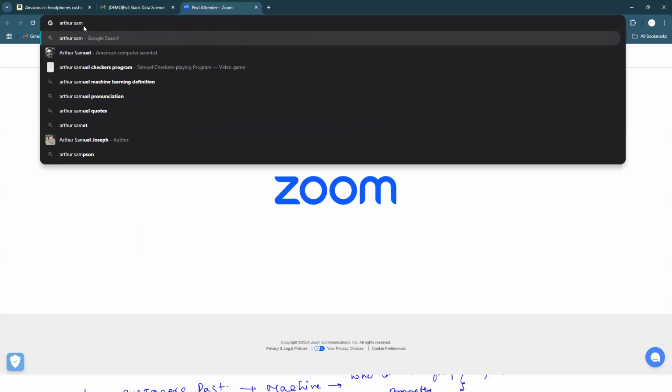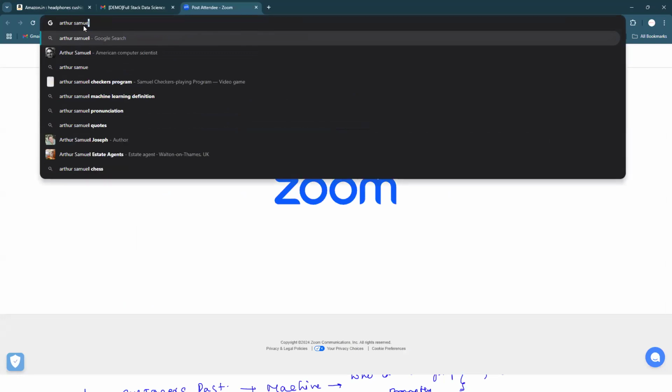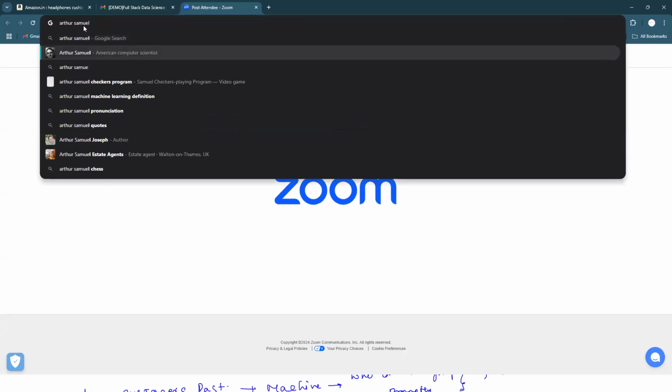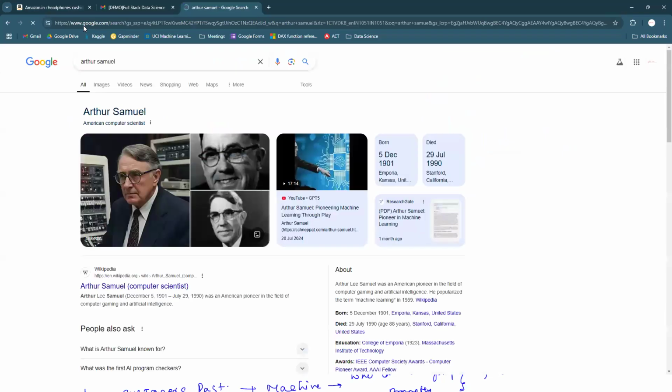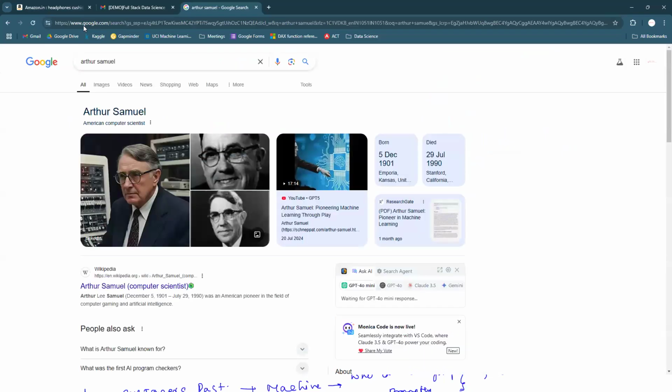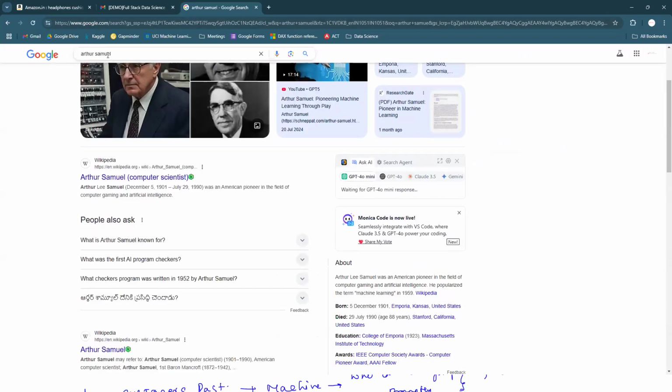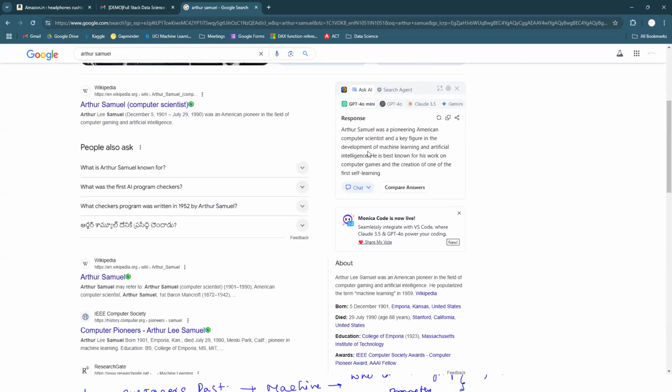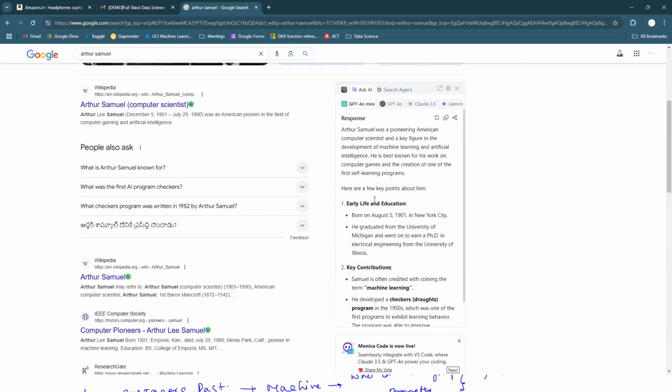So I'm talking about Arthur Samuel. He's an American computer scientist. He developed this term, which is nothing but machine learning. He's the mastermind behind it. This machine learning concept has been developed by him only. Okay, so you can see he is the one.